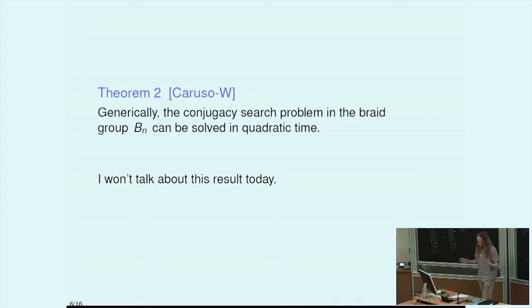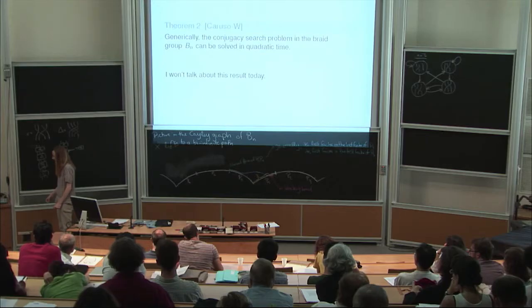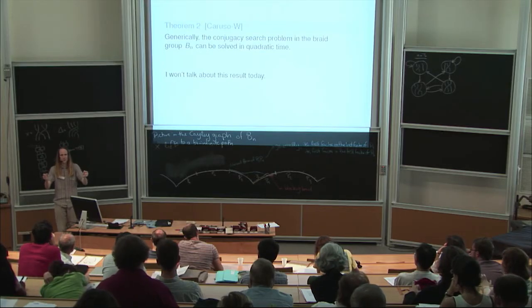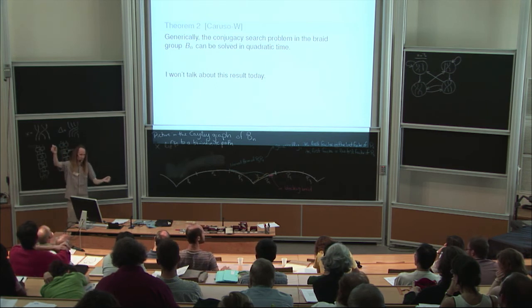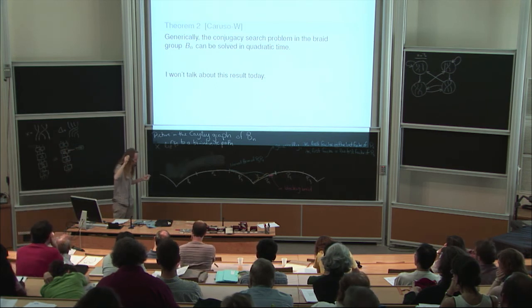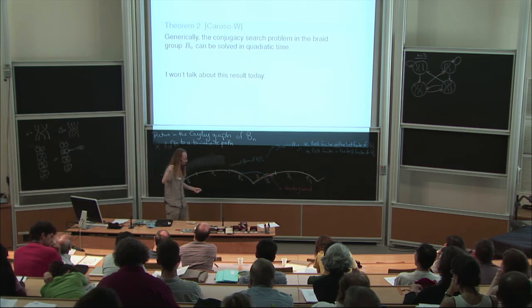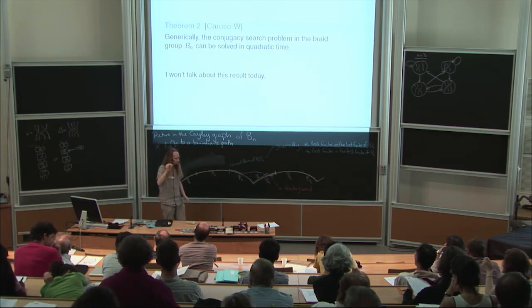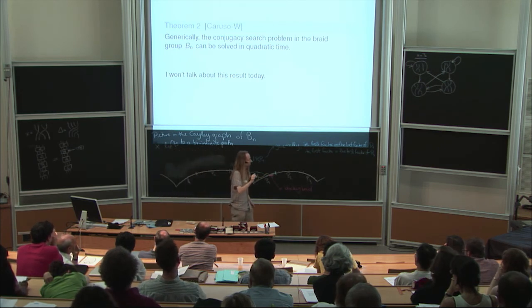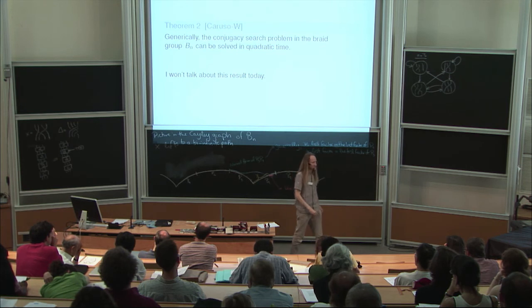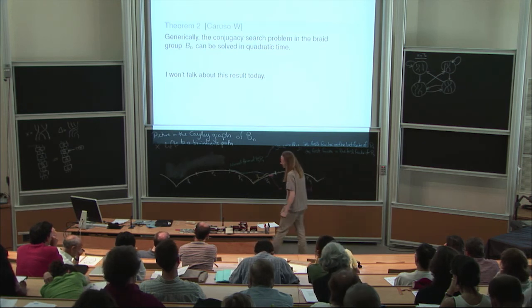Generically, now this is probably more for the specialists, if you take any one braid from a large ball of the Cayley graph, very probably its sliding circuit set is as small as it can possibly be.